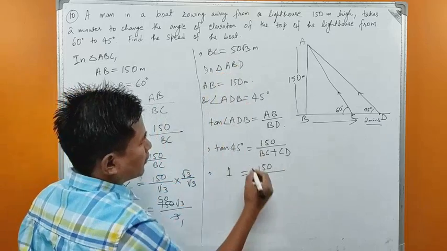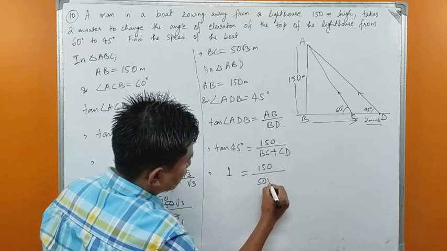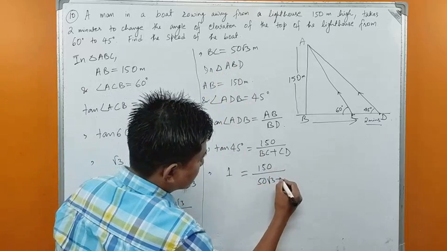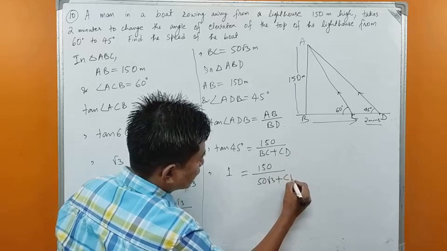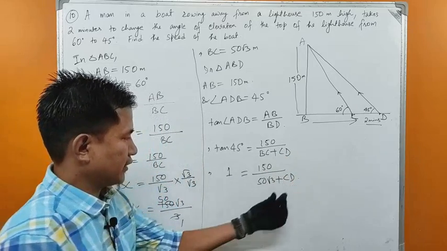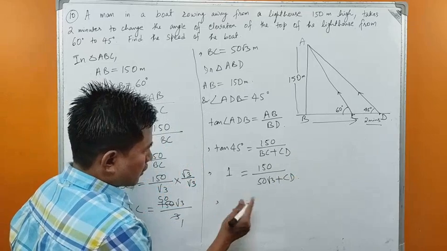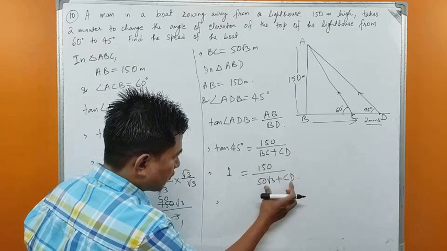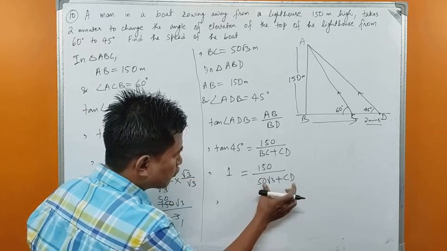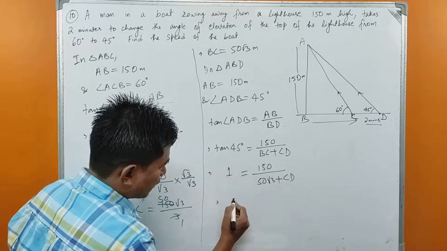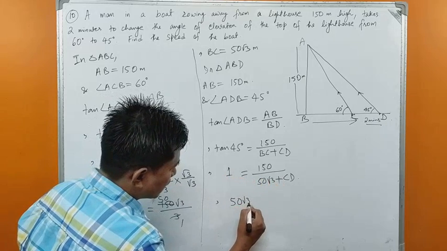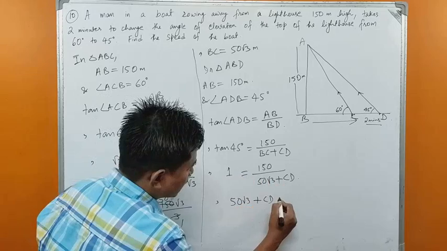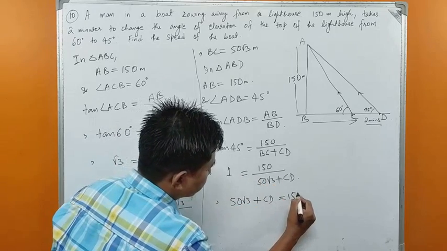BC is 50 root 3, plus CD is unknown to us, we are trying to find CD, so we write CD as it is. Now let us cross multiply this. 50 root 3 plus CD into 1, that is 50 root 3 plus CD, equals 150.